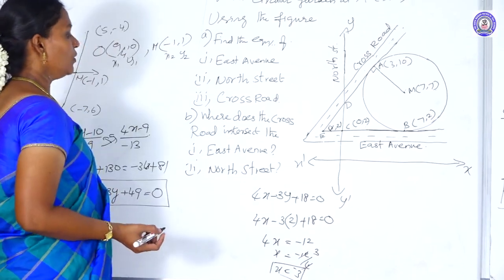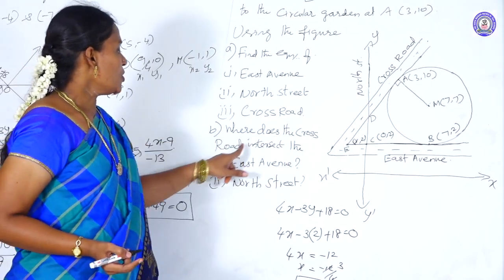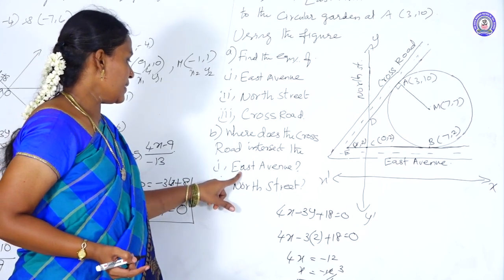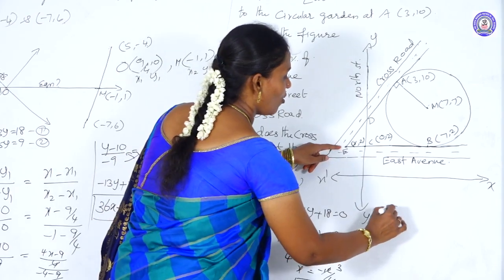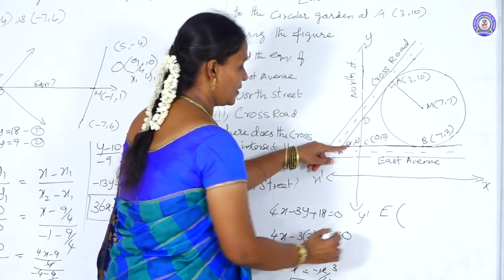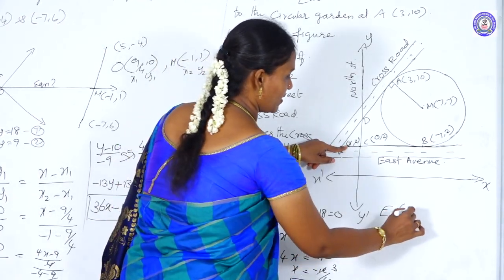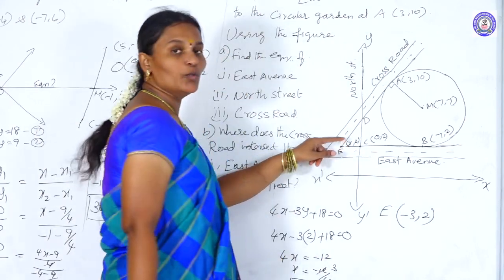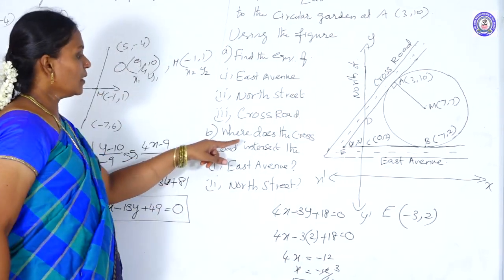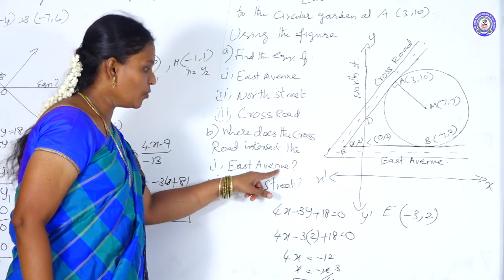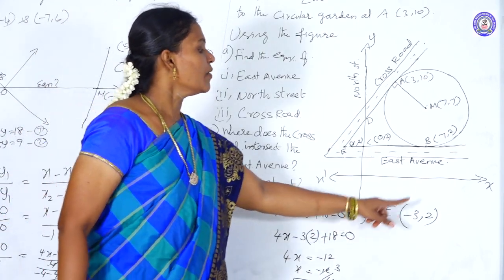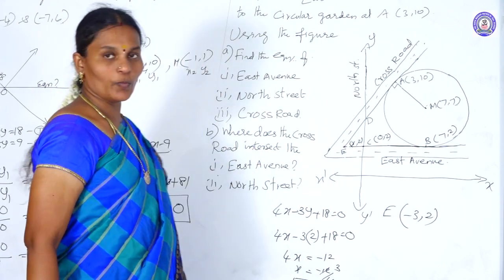So the crossroad intersects the East Avenue at E. What is the point? What is the x here? Minus 3. So E is (-3, 2).